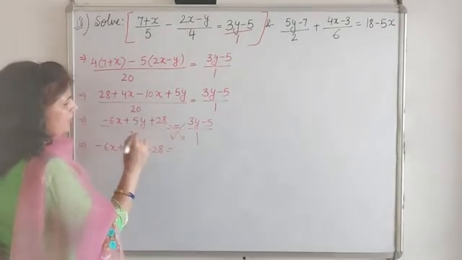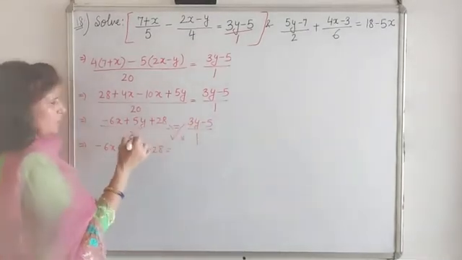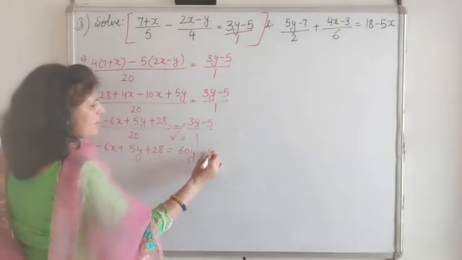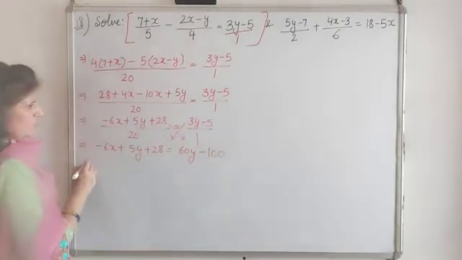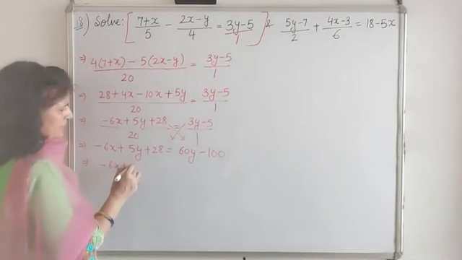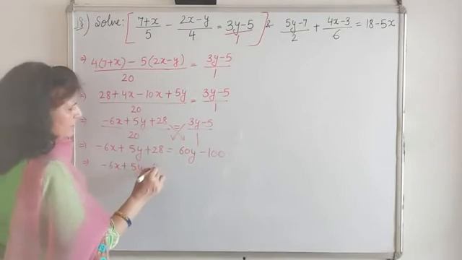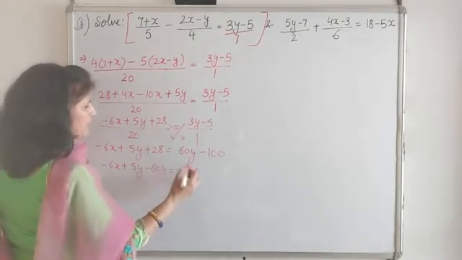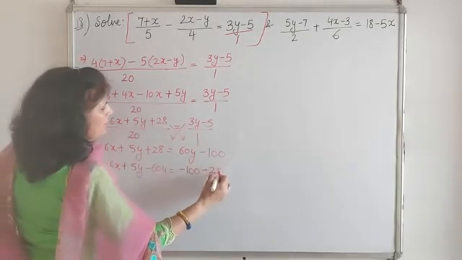And this side 20 will multiply with both the terms. 20 3s are 60, 20 5s are 100. So minus 6x plus 5y minus 60y is equal to minus 100 minus 28.